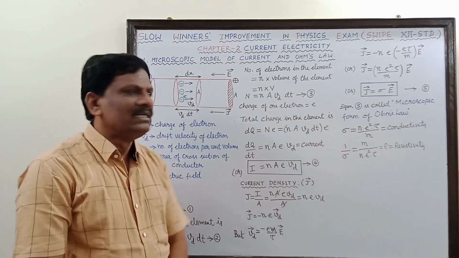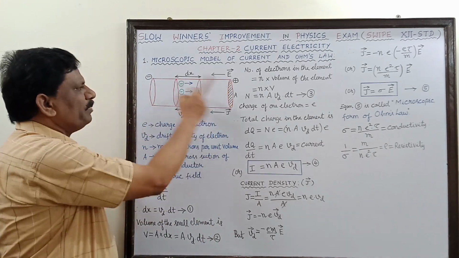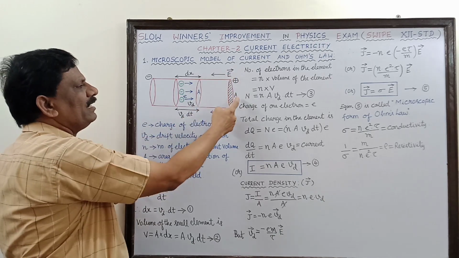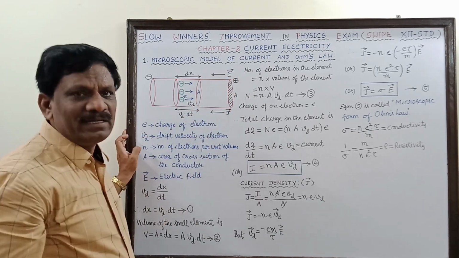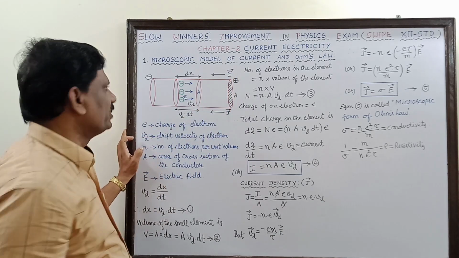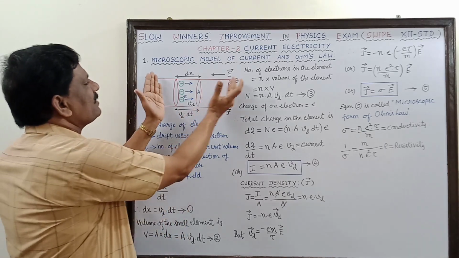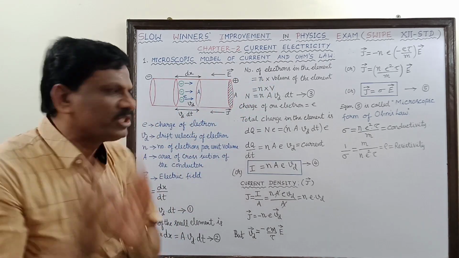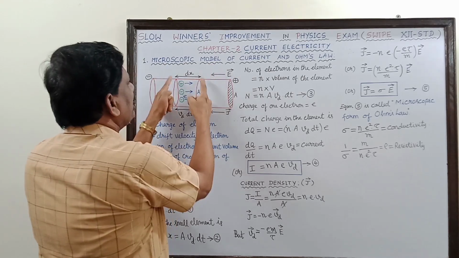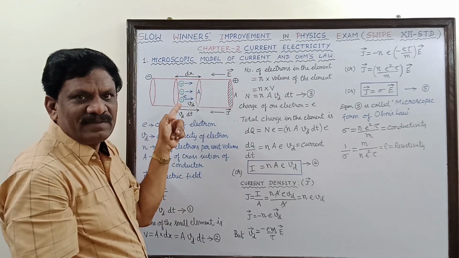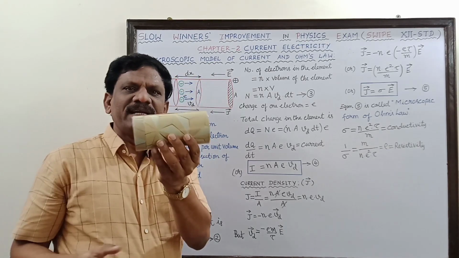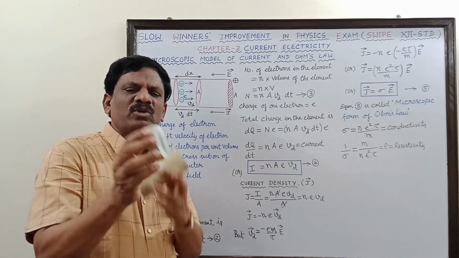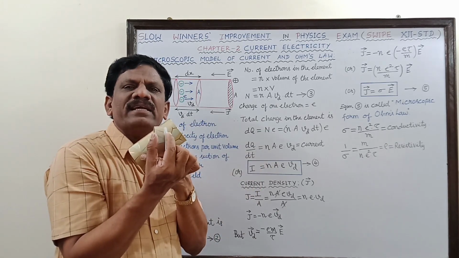Keep it in mind. So here in this picture, E is the electric field and A is the circular area of cross section. And inside this large conductor, a small portion I have considered, whose thickness is equal to dx. So this is the entire conductor, this is a small portion, and its thickness is only dx.